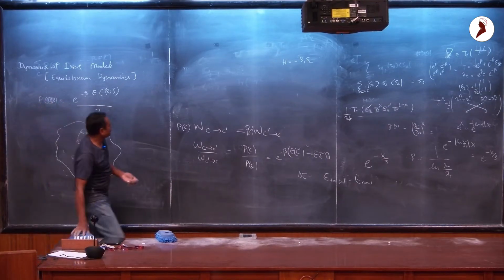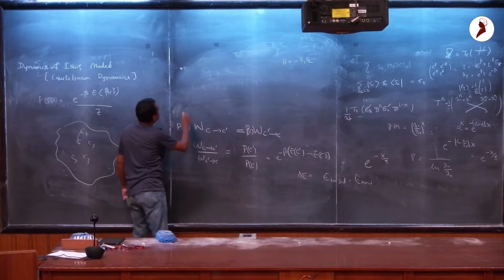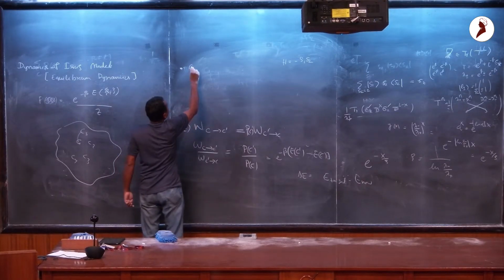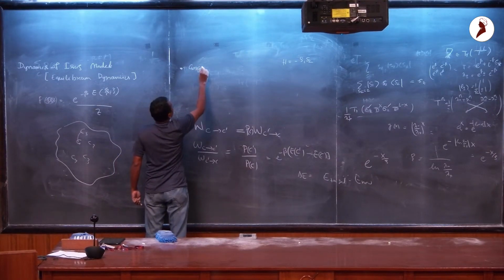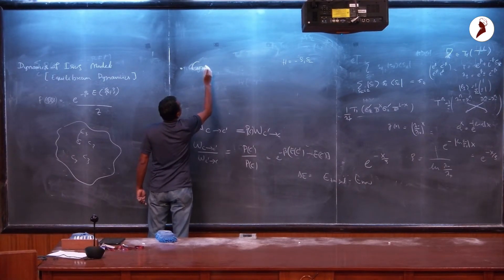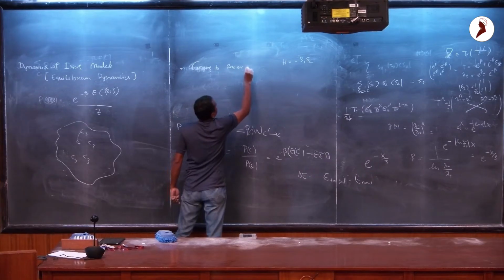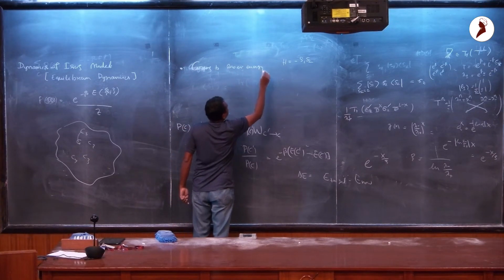A simple choice is that if you are going to a lower energy, the rate is 1.